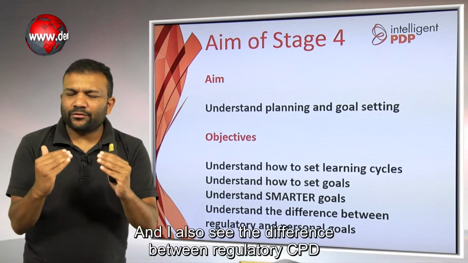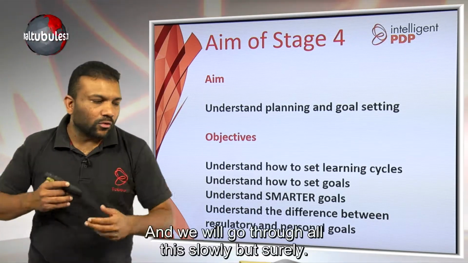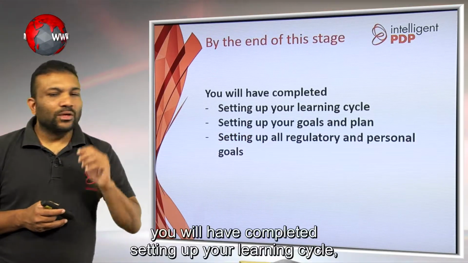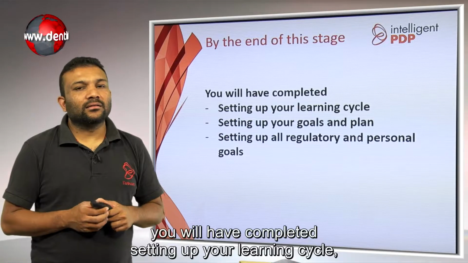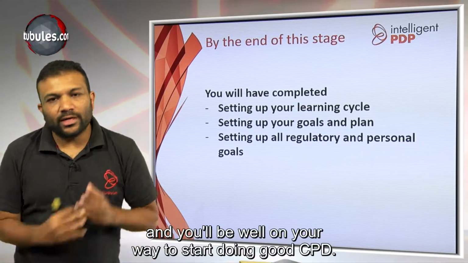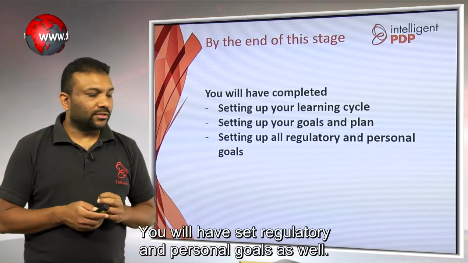I also want you to see the difference between regulatory CPD and your personal goals. We will go through all this slowly but surely. By the end of this stage, you will have completed setting up your learning cycle, you will have set some goals, and you'll be well on your way to start doing good CPD. You will have set regulatory and personal goals as well.